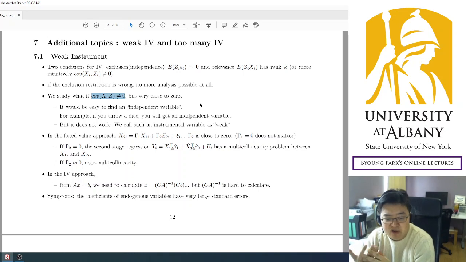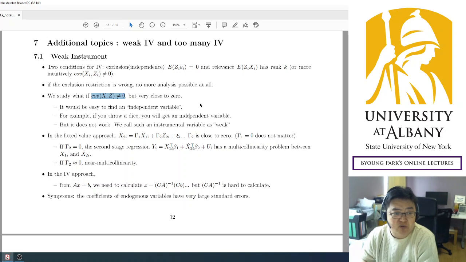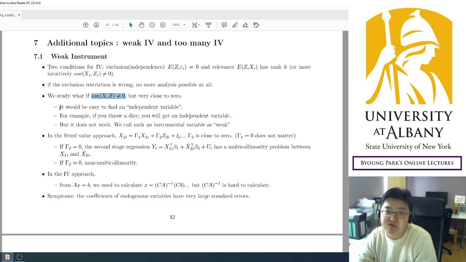But you may have some computational problems, or even if your computation goes through, the results may be very inaccurate. So we are going to discuss this problem. We call this weak instrument. An instrument is weak if its correlation with the endogenous variable is close to 0.